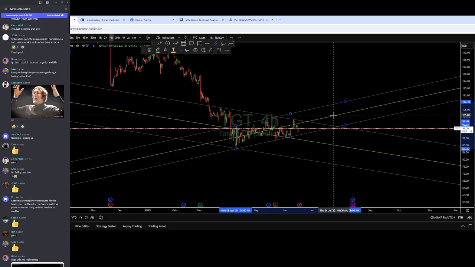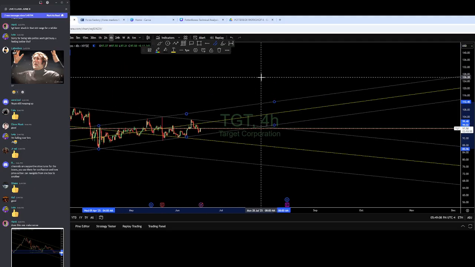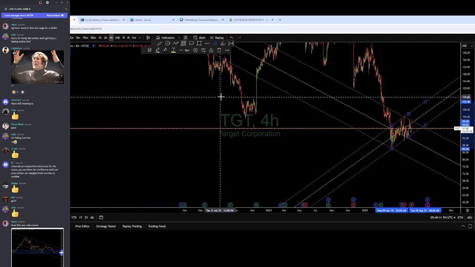But this just establishes that A, big moves are coming, but B, we are under the control of both. So being biased and not having triggers on both sides is a great way to fail to capture that move. But if you can establish where the empty space is on both sides, or what trigger you have on both sides, again, I didn't need to go all the way back on the weekly to establish this.